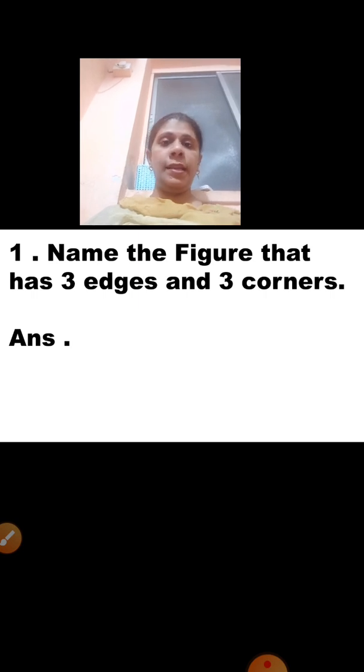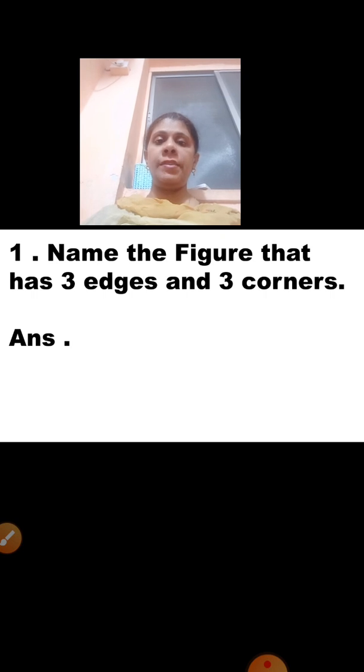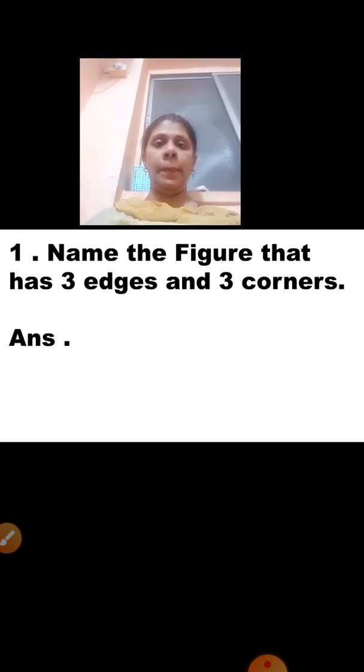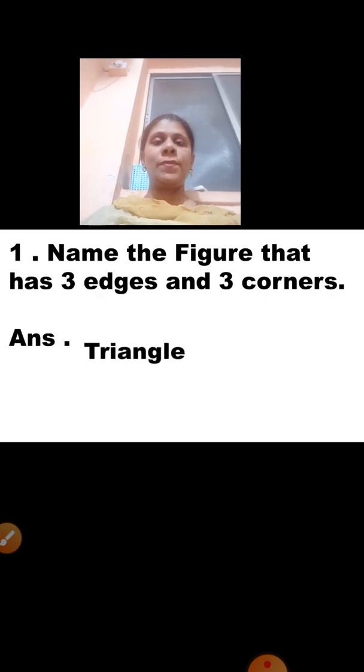Now this teacher taught you in the previous session also when we were doing the revision. So tell me the answer. Which is the figure which has 3 edges and 3 corners? Triangle. Correct. The figure that has 3 edges and 3 corners is triangle.